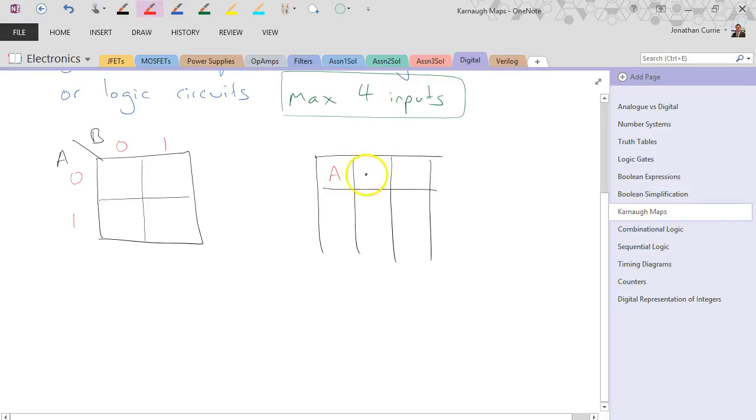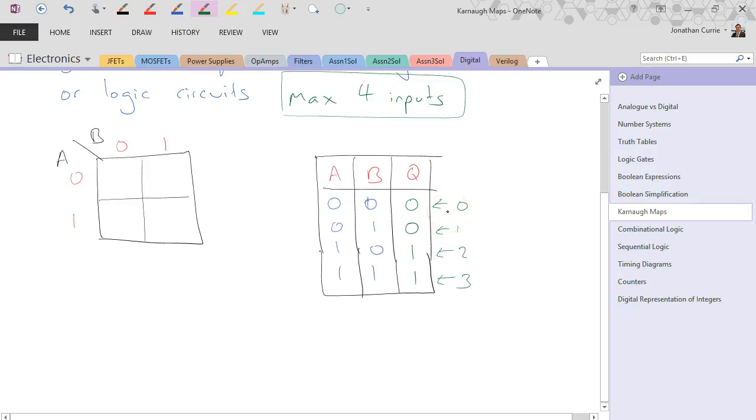So in this case, if we've got A, B and Q, 0, 0, 0, 1, 1, 0, 1, 1. The values that are in the Q column, let's just say it's 0, 0, 1, 1 for example, where we'll make this row 0, this row 1, this row 2, and this row 3.